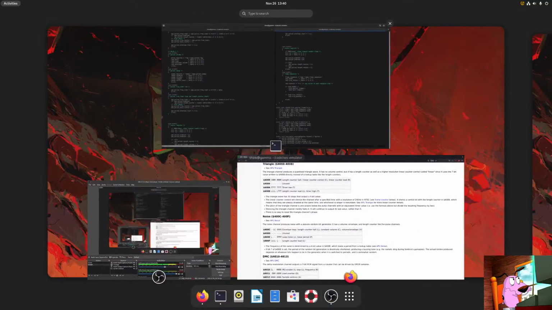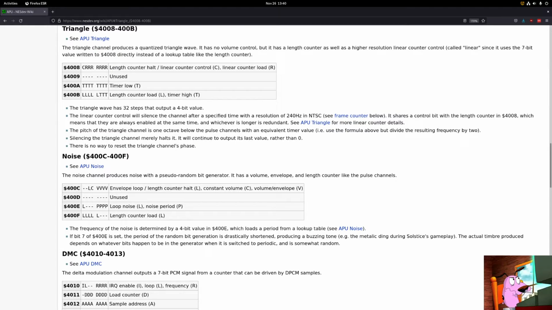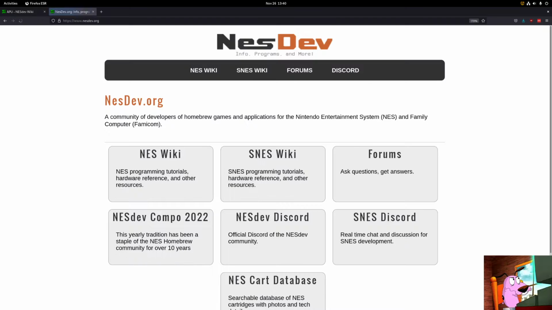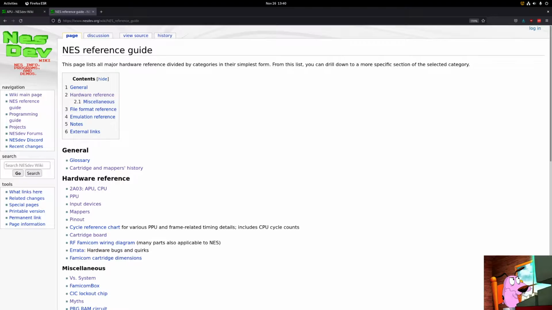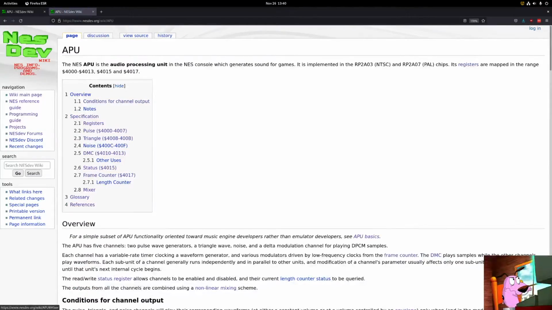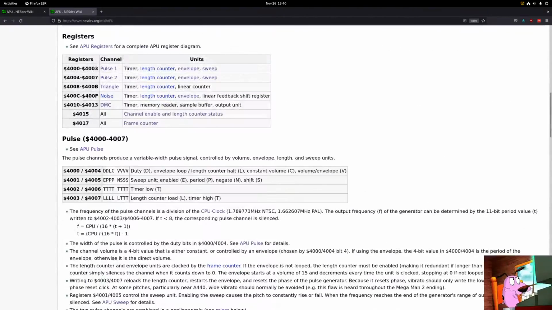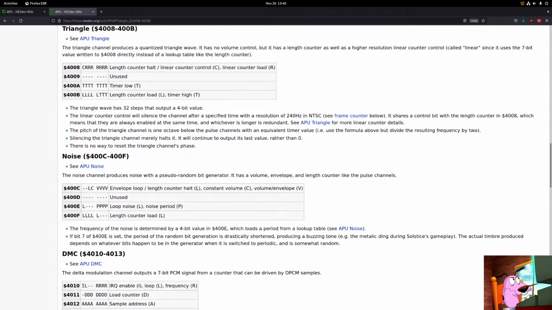The best reference is the NESDev wiki, nesdev.org, I believe. That's the one. Just the APU here, and the triangle channel is what I'm going to be working on. So these are the registers that control the triangle channel.